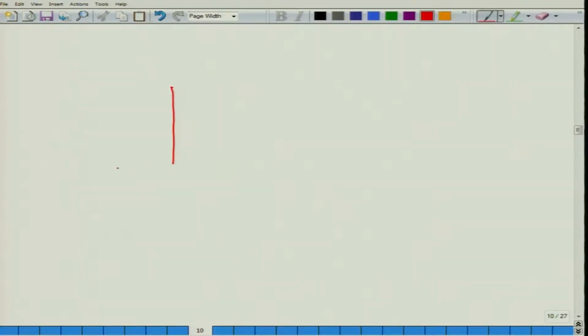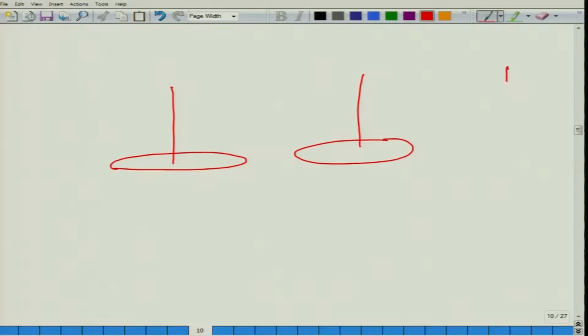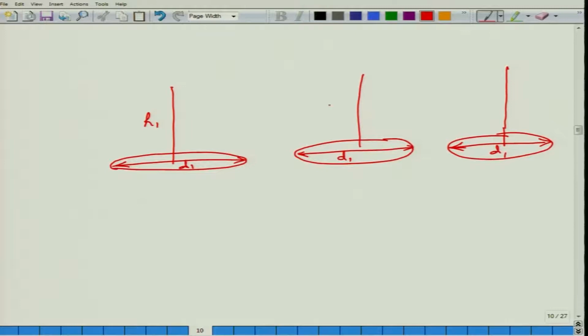So, suppose we have this base. So, in all these three cases we have the same diameter d1 and the same height h1.